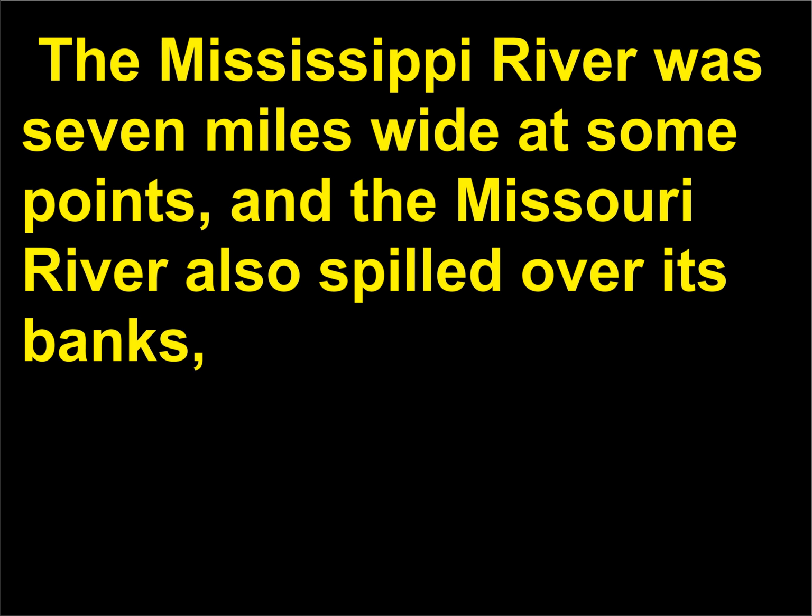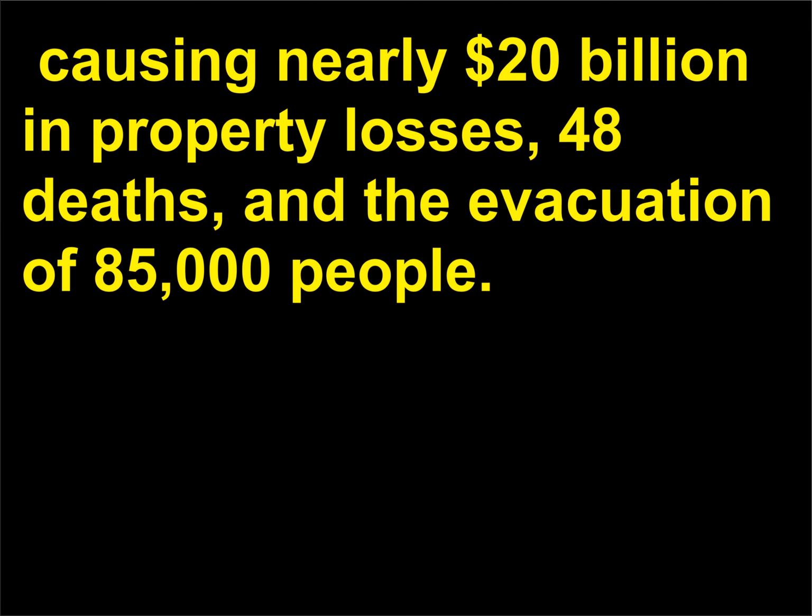The Mississippi River was 7 miles wide at some points, and the Missouri River also spilled over its banks, causing nearly $20 billion in property losses, 48 deaths, and the evacuation of 85,000 people.